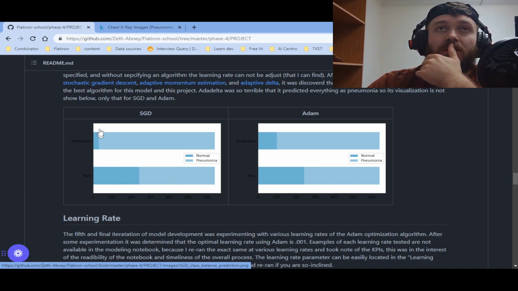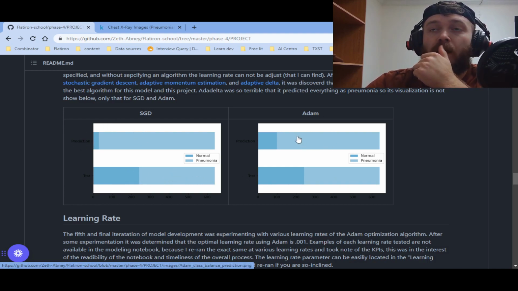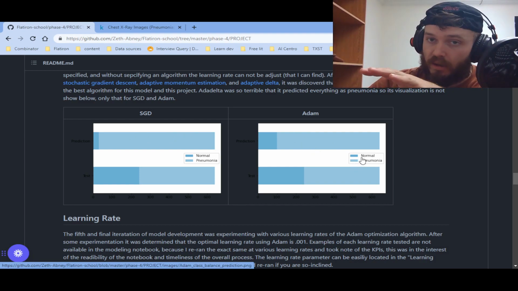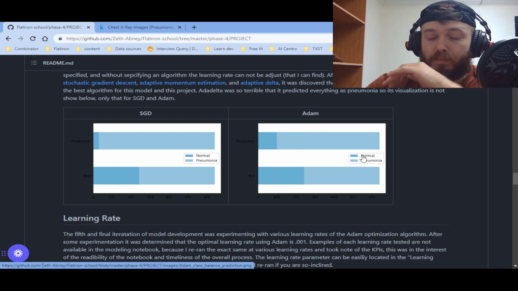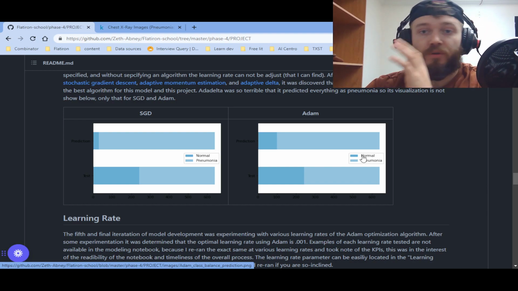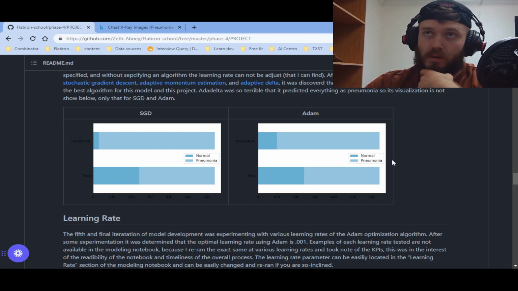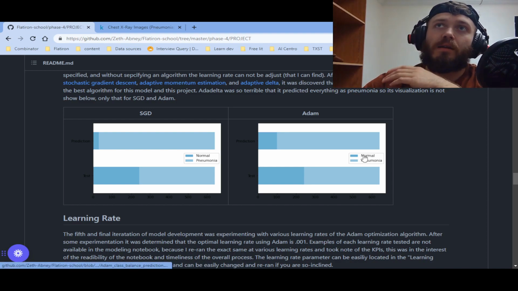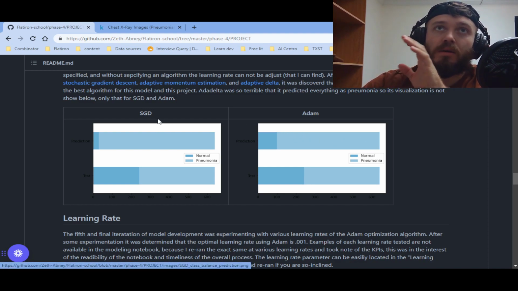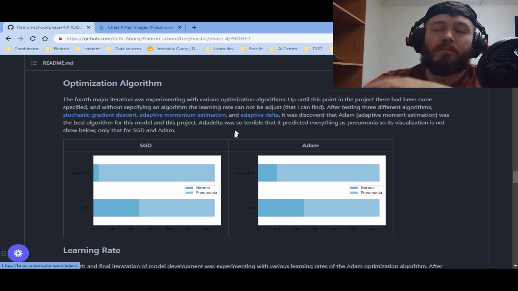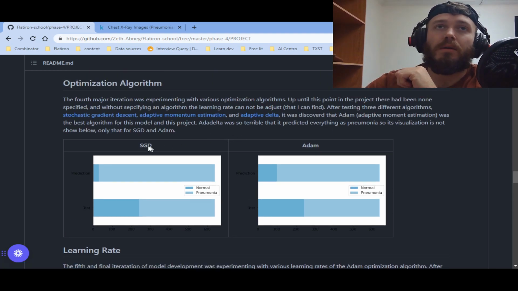And so you can see stochastic gradient descent versus Adam, and Adadelta was not even worth plotting on the graph. It just assumed everything was pneumonia, just everything. It was really bad. So I didn't even play with the learning rate with Adadelta, I just threw that out.